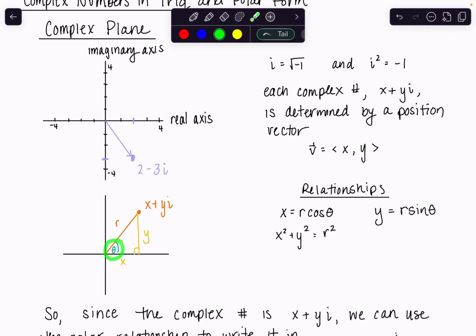The other way you can do that is to look at tangent of theta, which is equal to the opposite over the adjacent. This deals with the sine of the value, and this deals with the cosine of the value. You would just have to divide by r. So every single complex number can be written in terms of a radius and an angle as well.